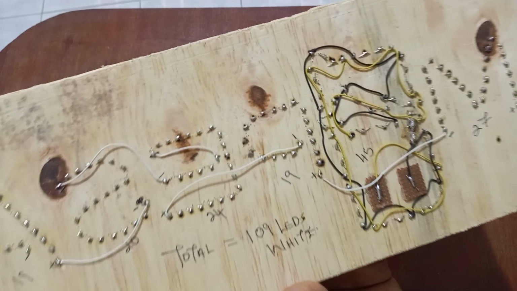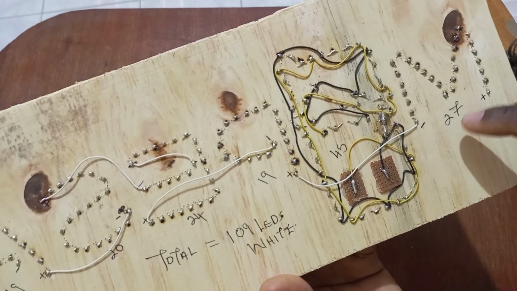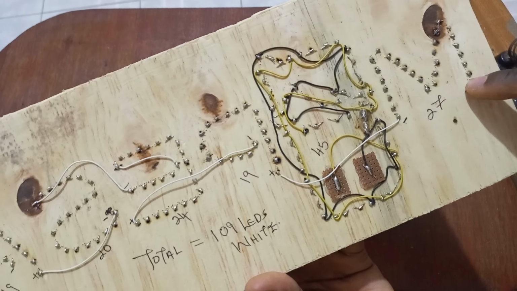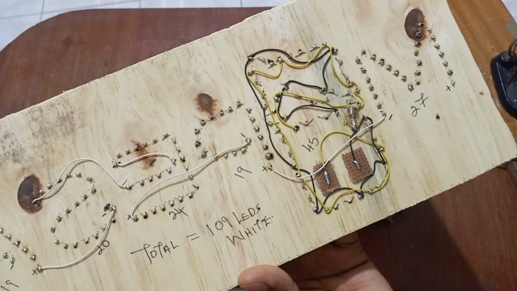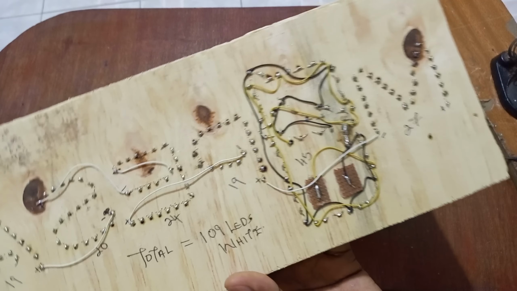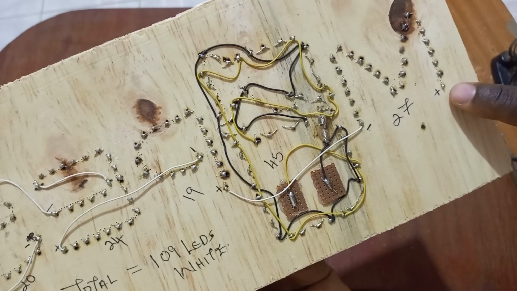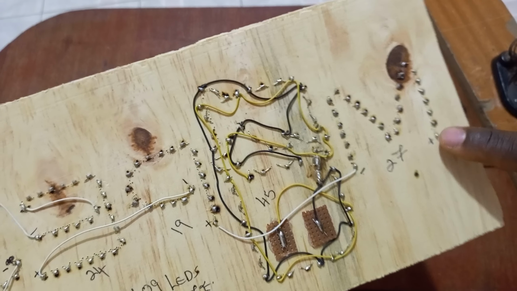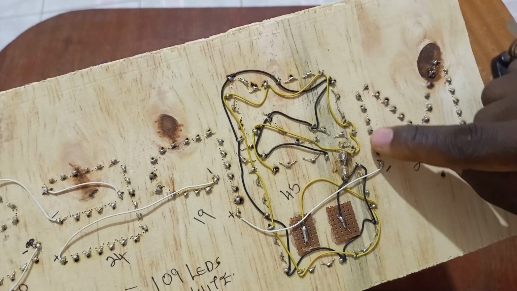I'm connecting them in series because they have the same color, and they are the ones I will use a resistor with, plus the AC to DC rectifier. Now this is the anode of letter M. I have connected all these LEDs in series coming this way.